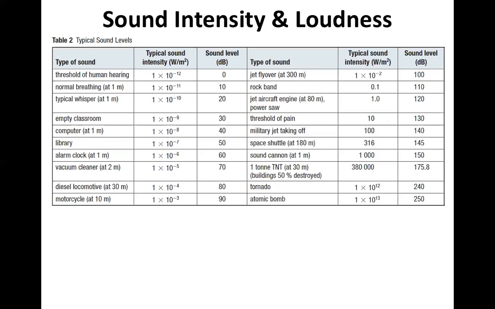A rock band is 0.1 watts per meter squared, which is 110 decibels. It's a lot easier, rather than having all these scientific notation numbers, to use the convenient sound level in decibels.